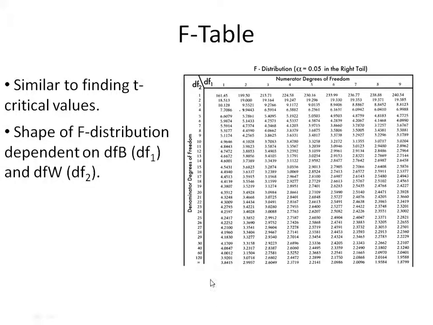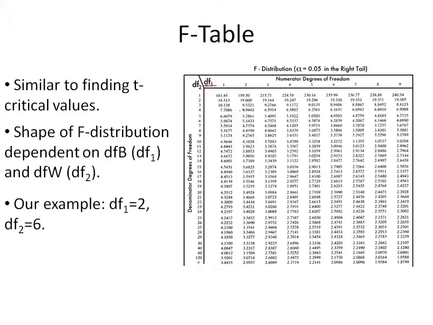As you can see, the shape of an F distribution depends upon the degrees of freedom between, which is always df1 in these, or the numerator degrees of freedom in your F statistic, and the degrees of freedom within, which is df2, or the denominator degrees of freedom. In our example, the degrees of freedom between was found to be 2 and the degrees of freedom within was found to be 6.